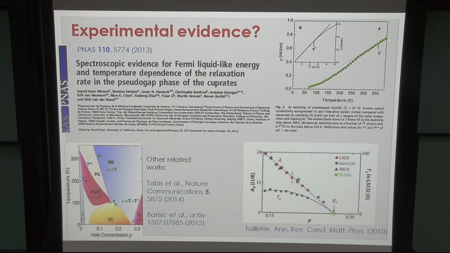Here you can see clearly a crossover between this linear term and the quadratic term here. So you clearly see these two contributions, linear T and T quadratic. And this also agrees with the calculation. And in the pseudogap phase, you see here that there is a regime where the resistivity is also T quadratic.